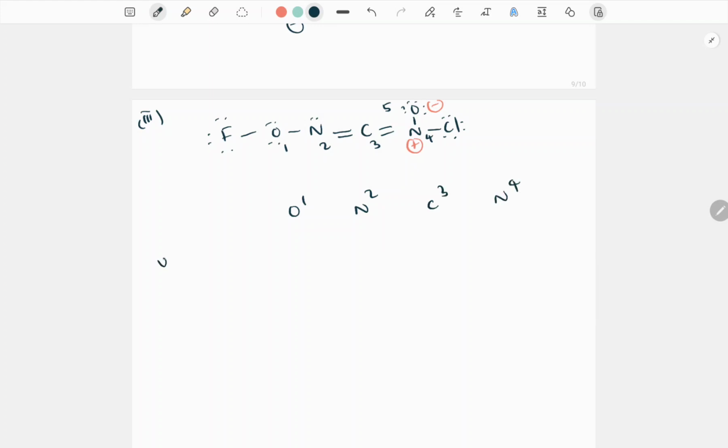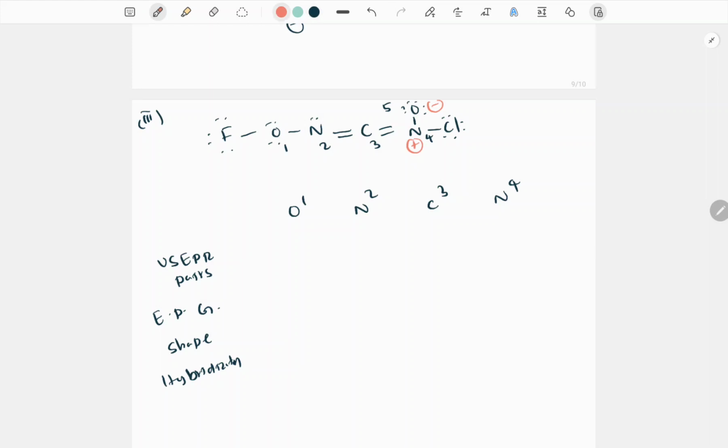What are the factors? VSEPR pairs, electron pair geometry, shape and hybridization. These are what is asked. Let's see around oxygen.